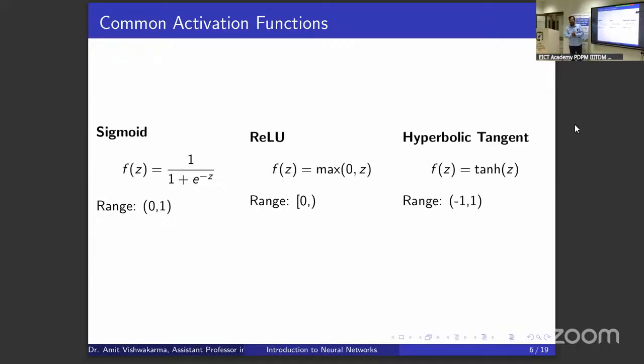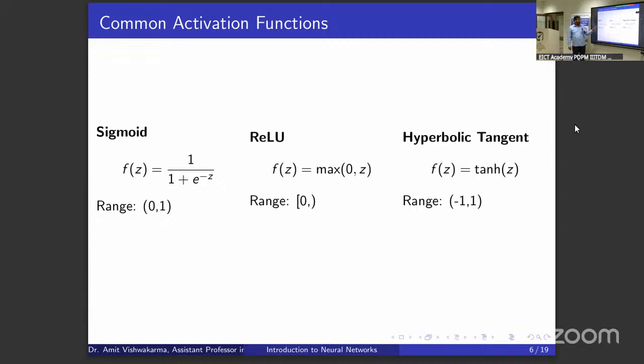What is the range of the sigmoid function? The range starts from 0, meaning it is between 0 and 1. You can check by putting some value of z, let's say infinity and then minus infinity, and you will get the range 0 to 1.